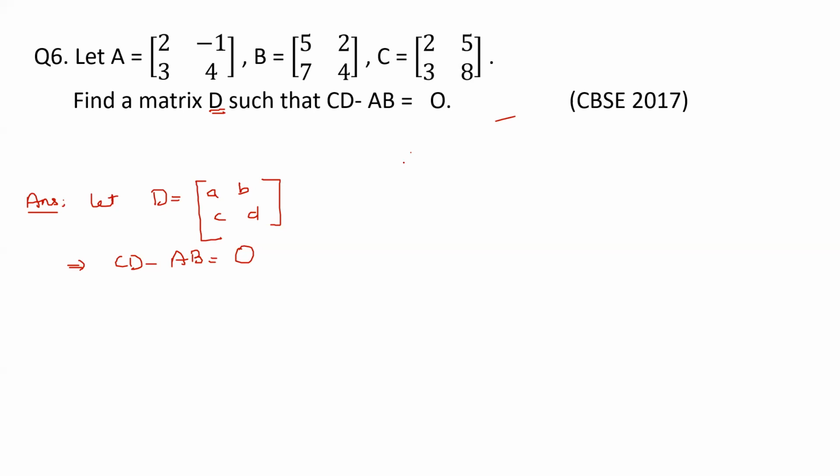First, we will multiply C and D, then A and B. After that, we will do the subtraction, right? Yes, that's correct, sir.